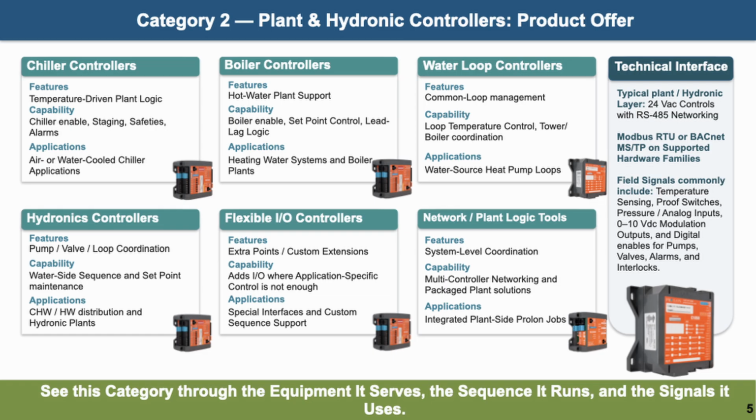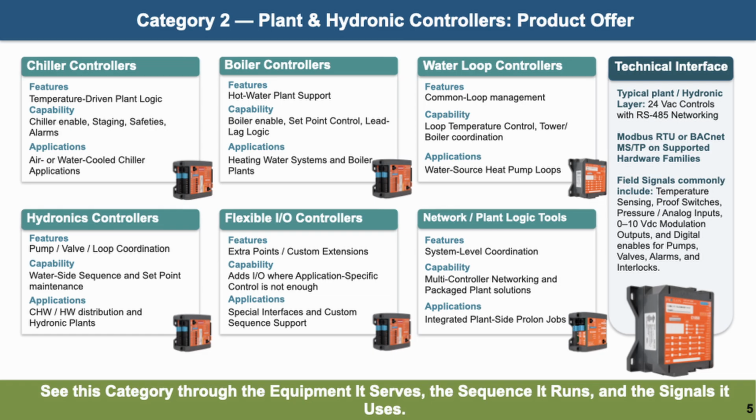This category is especially important in systems where water temperature, loop stability, and plant coordination affect the terminal units and the overall system performance. Plant and hydronic controllers commonly operate in a 24-volt AC control environment with RS-485 networking.